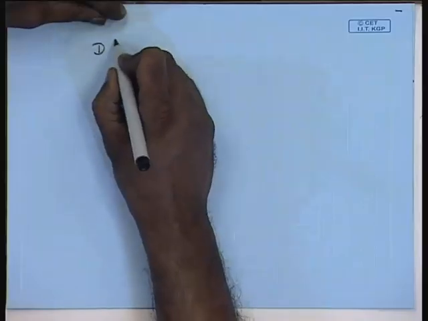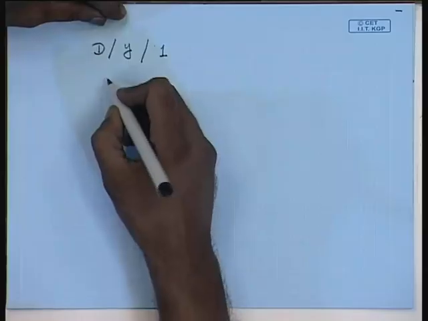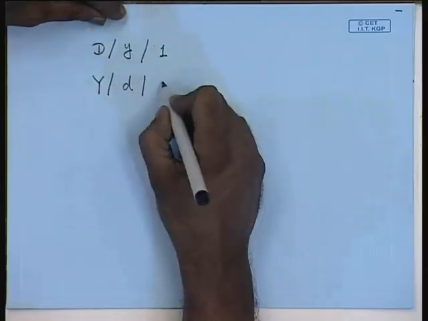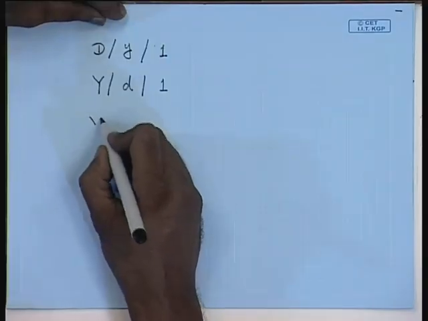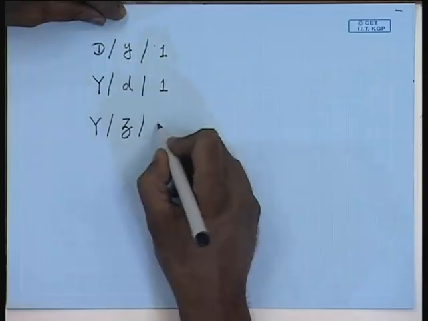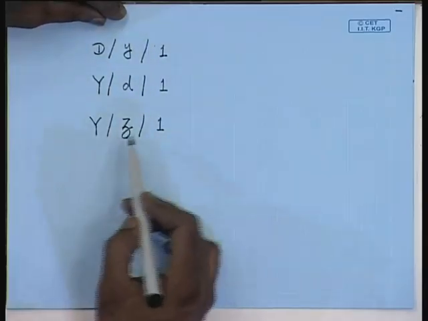What are the transformer connections in these two groups? For example, they can be Dy1 or Yd1 or Yz1. This can also be interchanged.